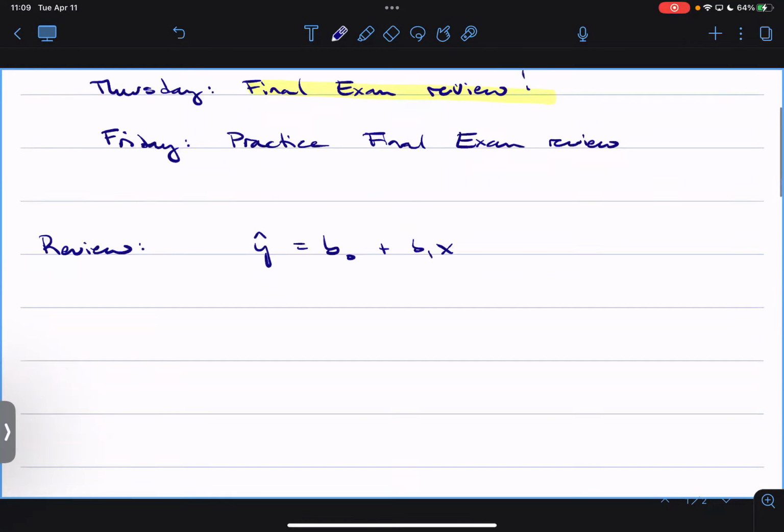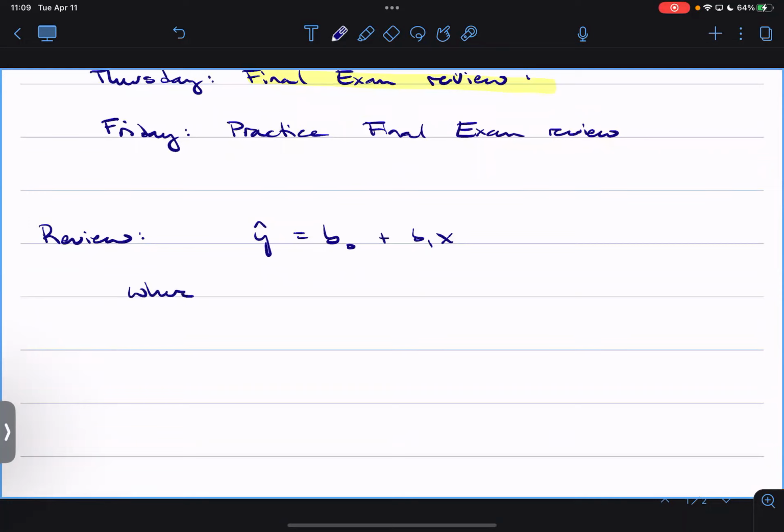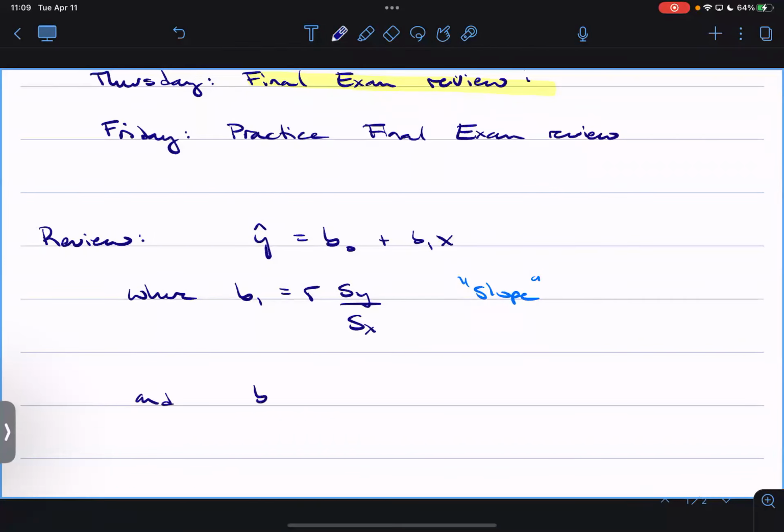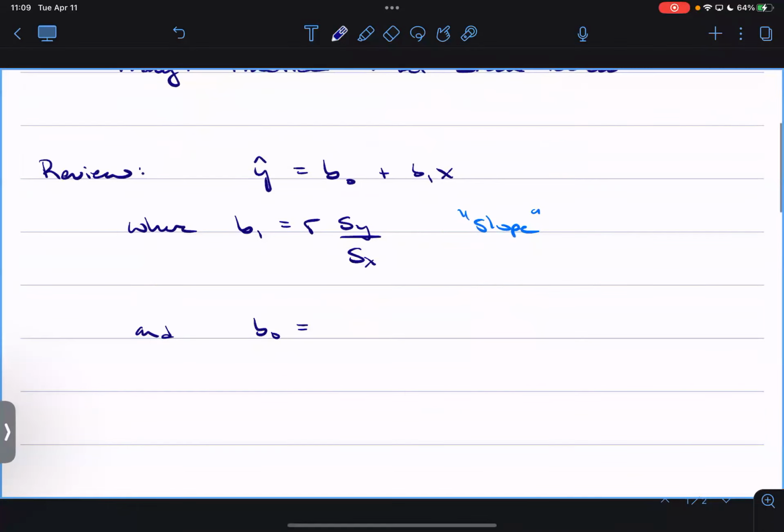Where B1 is the slope, which is R times SY over SX. I hope I don't have them mixed up. And B naught is Y bar minus B1 X bar. This one I'm going to have to look up, the y-intercept.